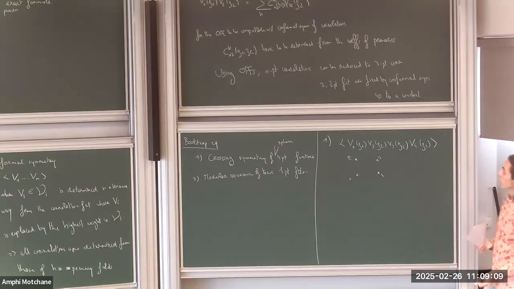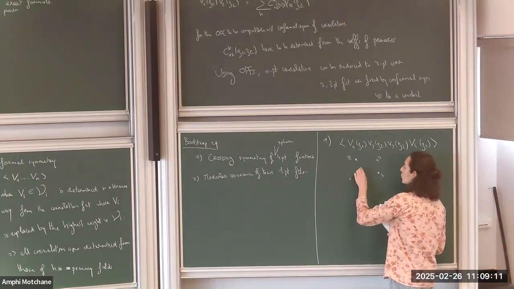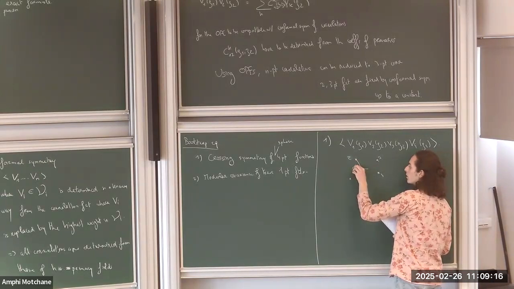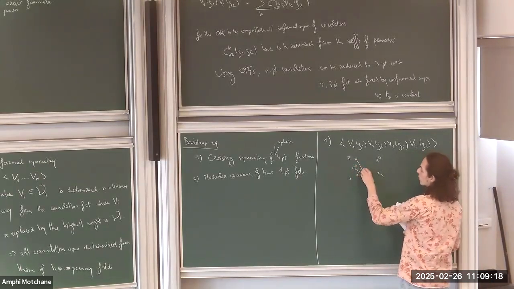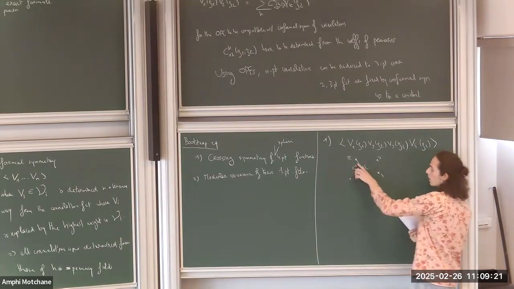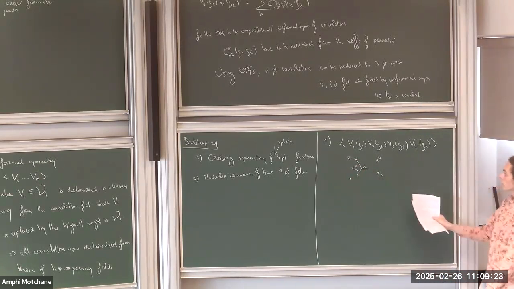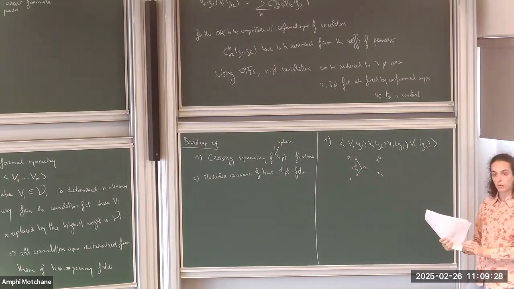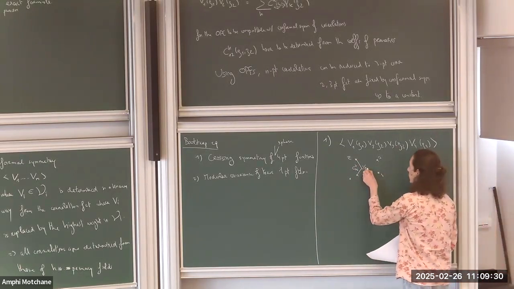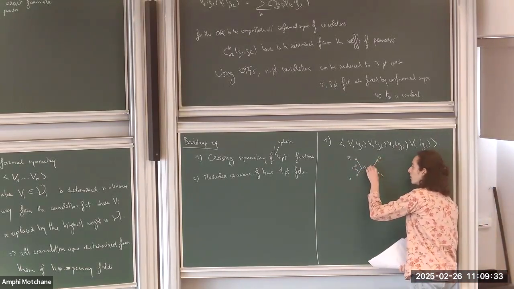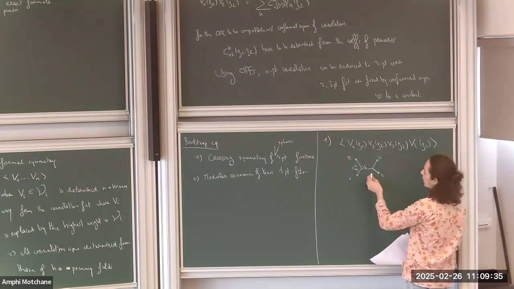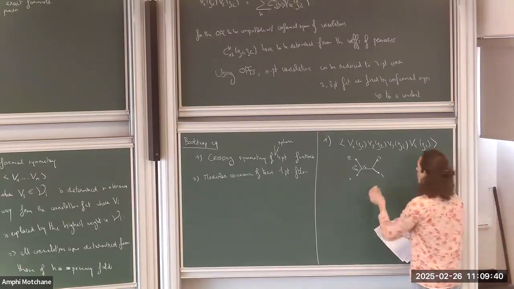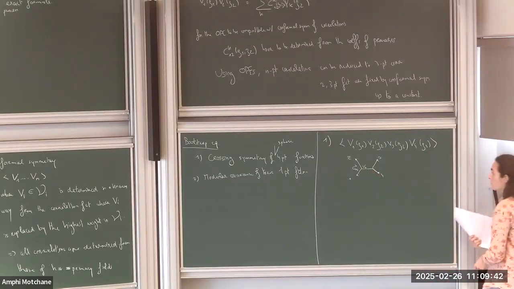Now I can use my OPE and I could decide to OPE 1 with 2, which I will represent graphically like this. So I will get a certain coefficient C_K12 here with a certain field V_K coming out of the OPE. This is not a Feynman diagram, this is just a symbolic notation for performing the OPE. And then I could also OPE 3 with 4. And so this would be a certain decomposition of my 4-point function.